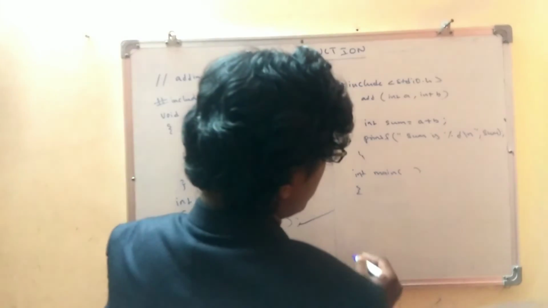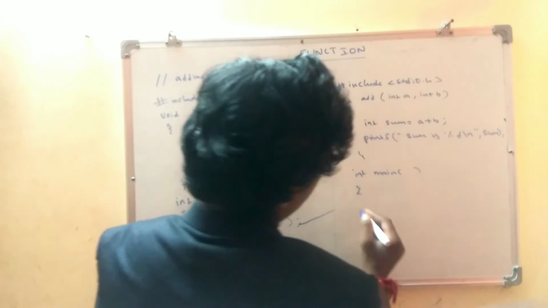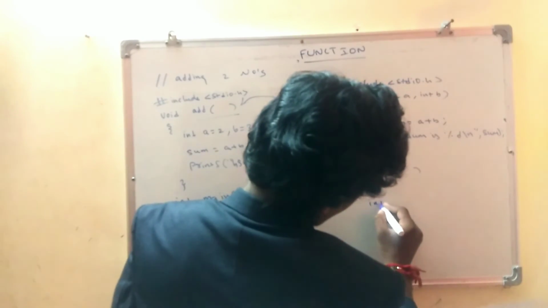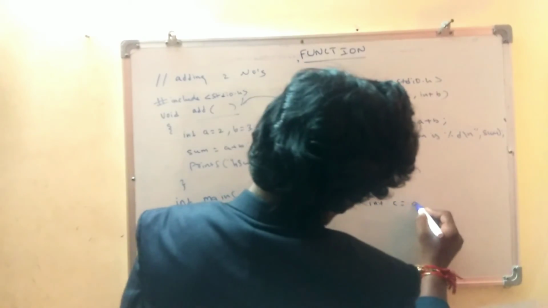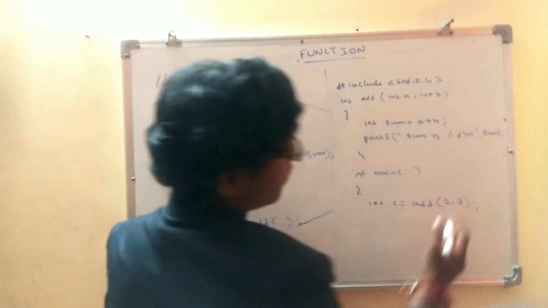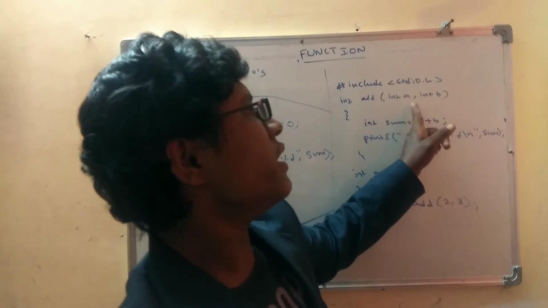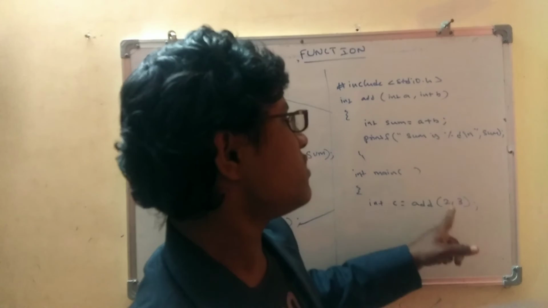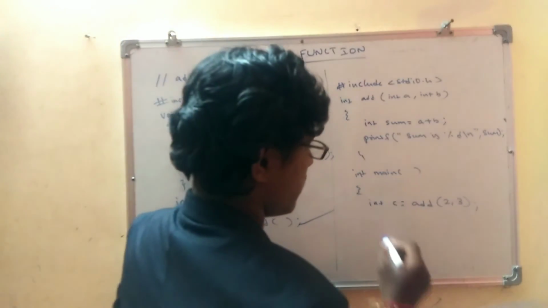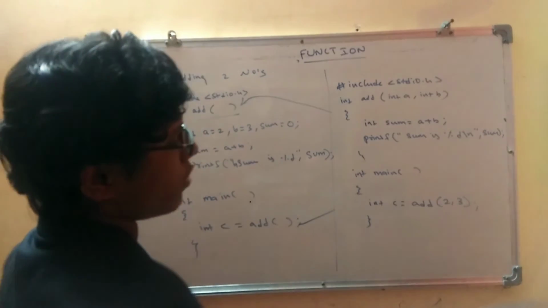Here you know that sum equal to a plus b. So here I am taking int c equal to add of 2 comma 3. I am directly giving the values 2 comma 3 because we have the parameters int a comma int b. So a has 2, b has 3. Okay, I am closing this. So I am explaining the program.